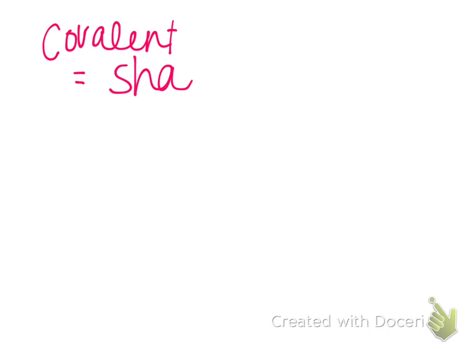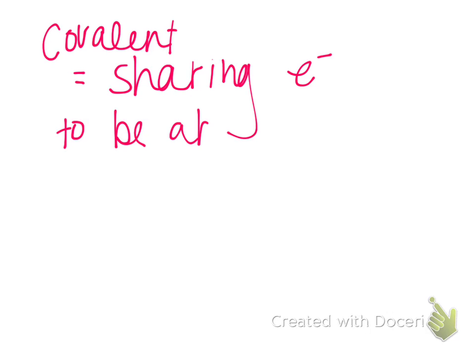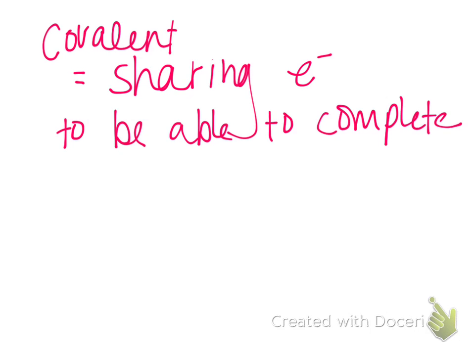Okay? So covalent bonding, they share electrons. The reason that these covalent bonds happen is that we share electrons to be able to complete the octet.